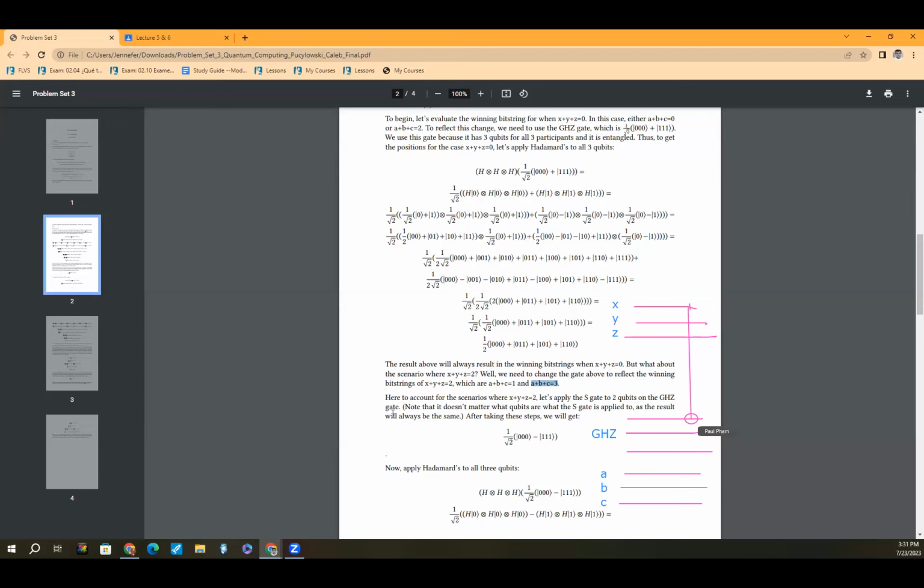I believe the solution was that I applied the controlled S gate to the GHZ state. Then I applied Hadamards 3 times, and then I applied the controlled X gate to A, B, and C based on the results from after measuring, essentially.